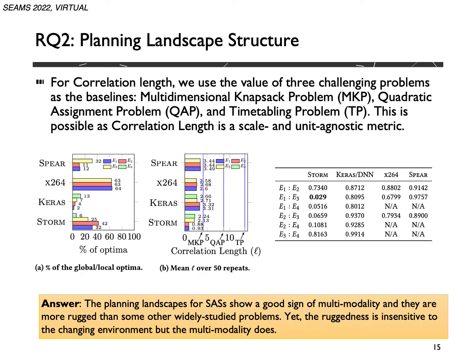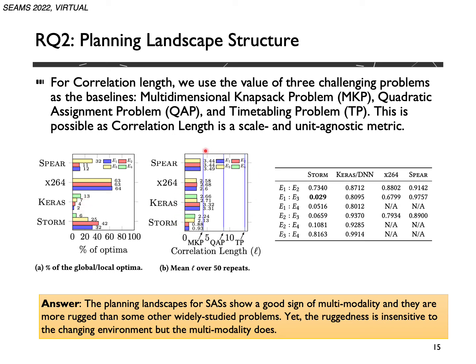Next, we assess the planning structure of the planning landscape, and for correlation length, we use three widely studied problems as the baselines. Here we can see from the left-hand side figure that the percentage of global and local optimal form a considerable part of the points in the space, and between different environments, they tend to differ significantly.